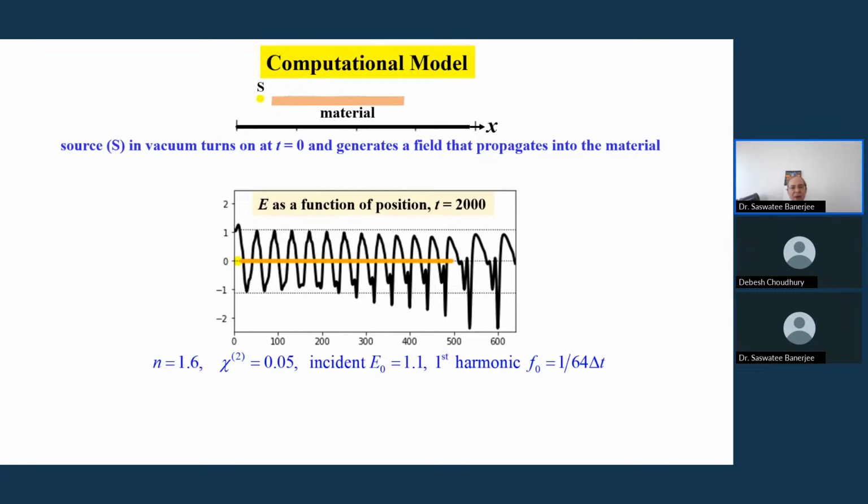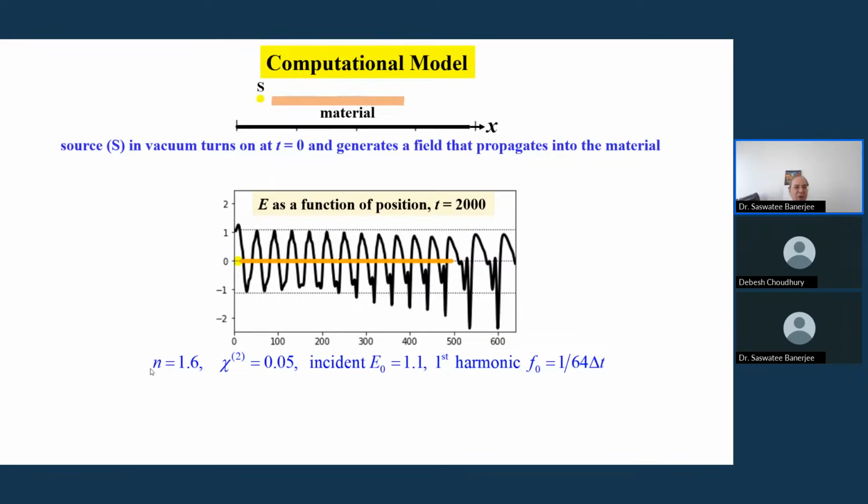In this example, 2,000 steps into the material, and as you can see, we get this highly nonlinear wave, and we can analyze it now using a discrete Fourier transform.